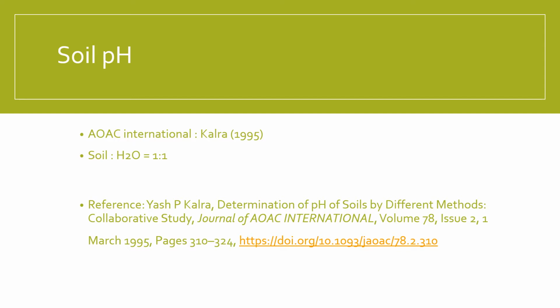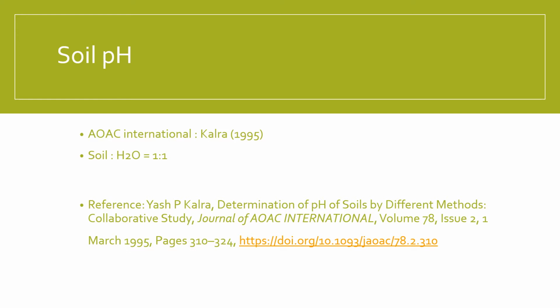There are many methods to estimate the pH value, for example, using colorimetric methods or a pH meter. Today we will determine the pH value of our soil samples using a pH meter by the AOAC method. With a pH meter, we determine the activity of hydrogen ions in the soil solution.